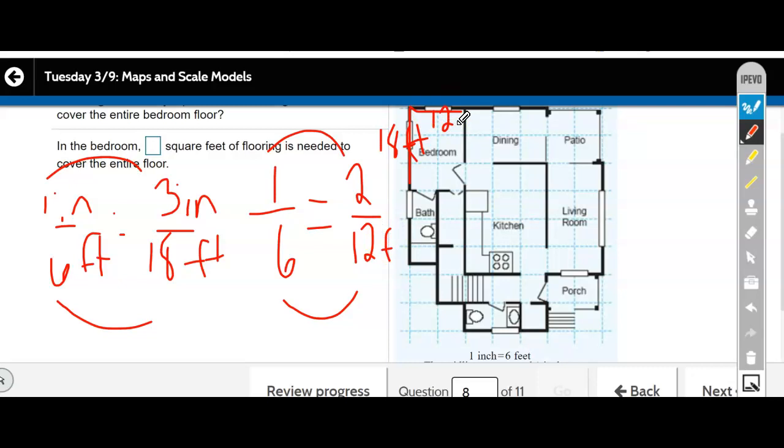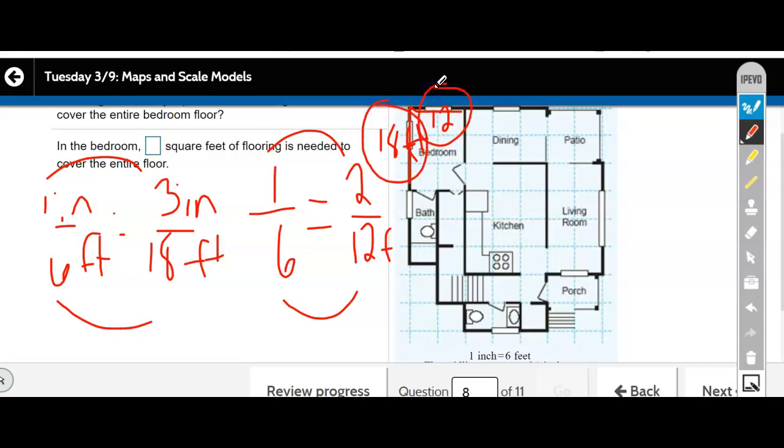So now I can calculate the area of the room. What's the area of the room? How do we calculate the area of the room? We already calculated the length and the width of the room.